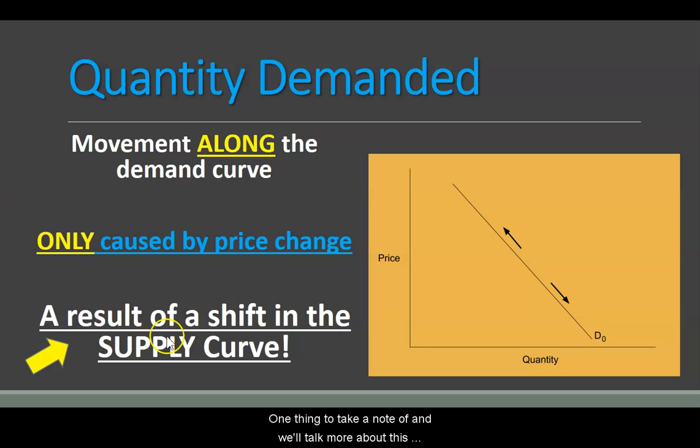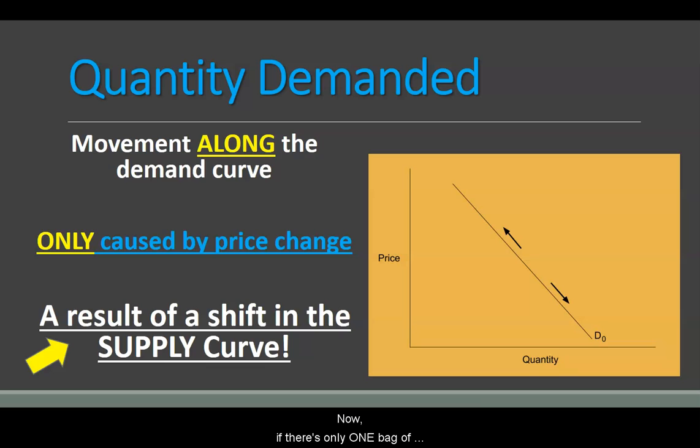One thing to take note of, and we'll talk more about this later, is a result of a shift in the supply curve. This relates to quantity demanded. For example, let's say there is a global shortage of sugar. And let's say I'm baking some goods for the holidays or a birthday cake, and I need sugar for what I'm baking.